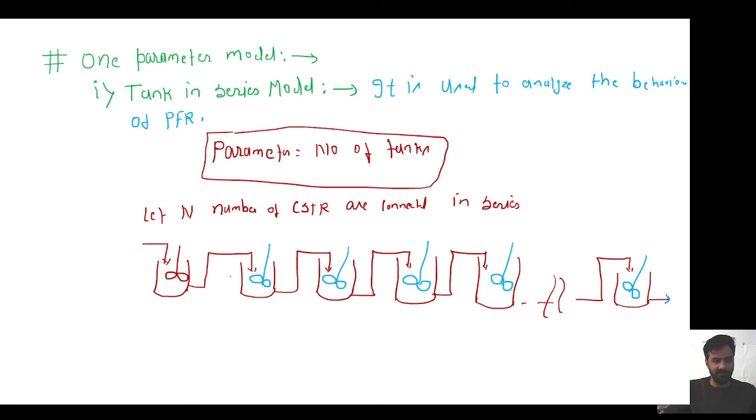Now I am assuming the volume of each CSTR is V, so tau 1 equals tau 2 equals tau 3 equals tau 4 and so on, equals tau n. So the residence time for all the CSTRs will be the same.